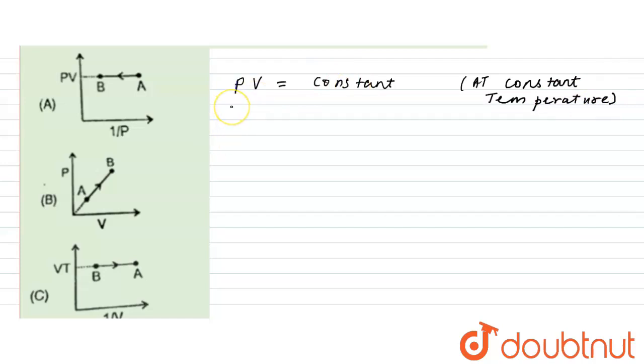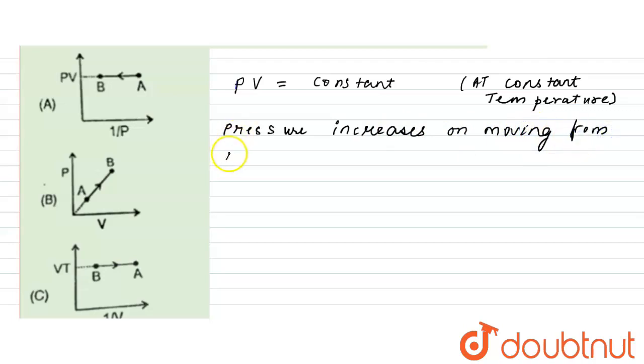Now when you move from A to B, pressure will increase. Pressure increases on moving from A to B, right? So if you move from A to B, the pressure will increase, but what will happen?